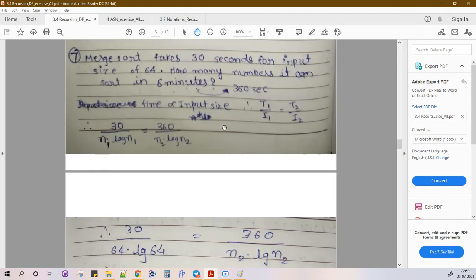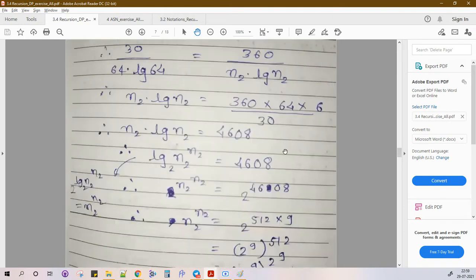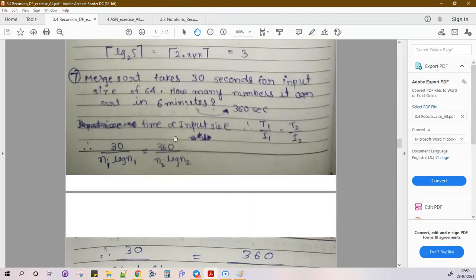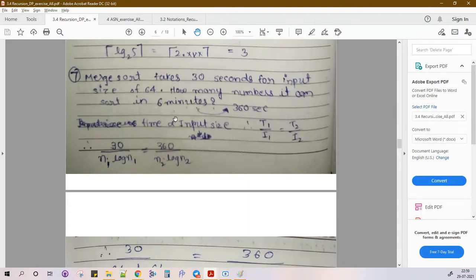At first I was not getting it even after seeing the solution, but now I understand it: time is proportional to input size, right? Some bit of mathematics. There is some proportionality, N1 log N1 and like that. So if I take the ratio T1 upon I1, it would be constant, right? That's how this is defined.